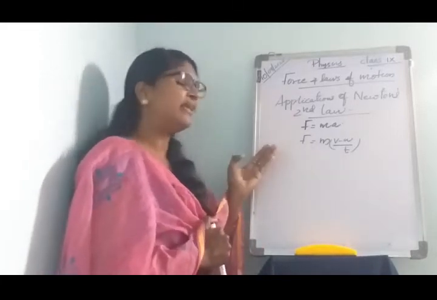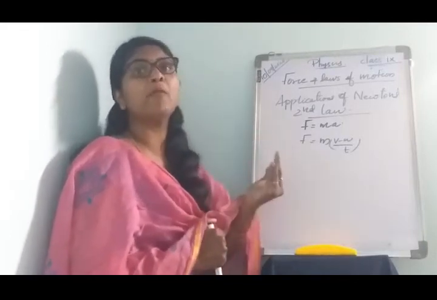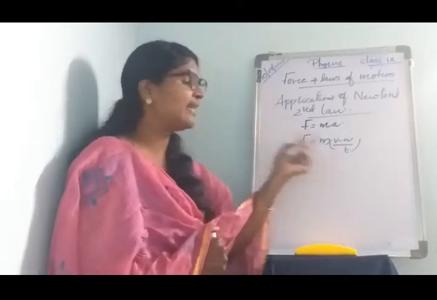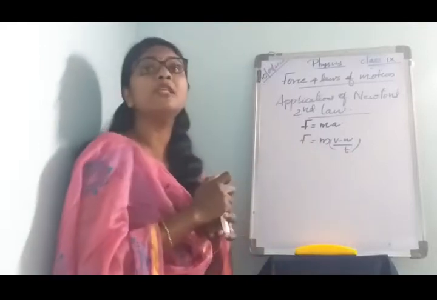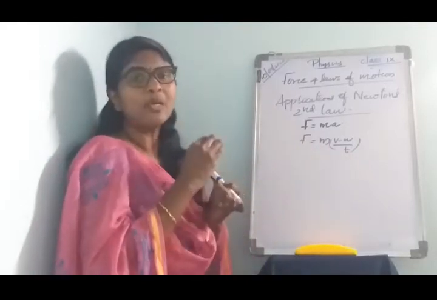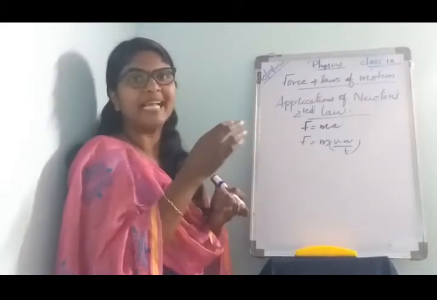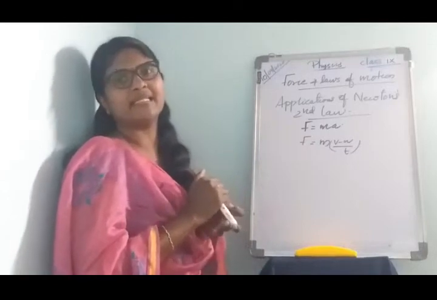When the time taken to reduce the momentum gets increased, the force gets reduced, because here the force is inversely proportional to time. So as the time taken to reduce the momentum of a body increases, correspondingly the force decreases.